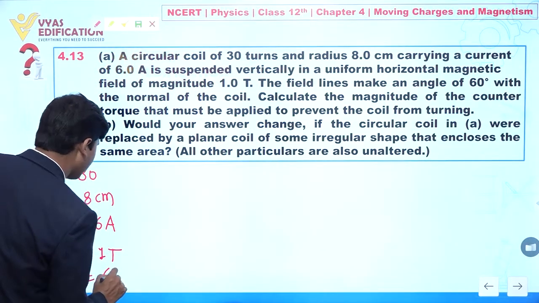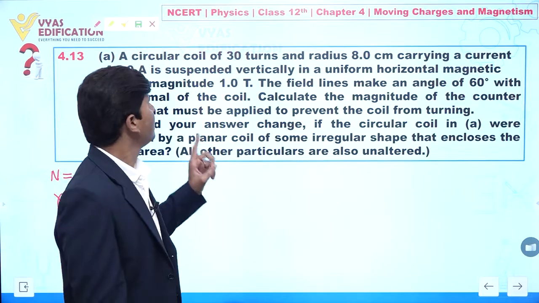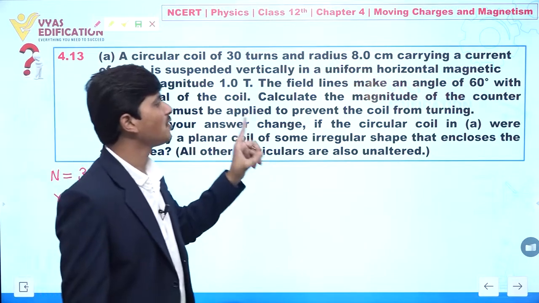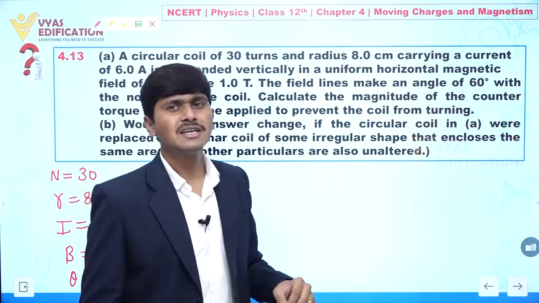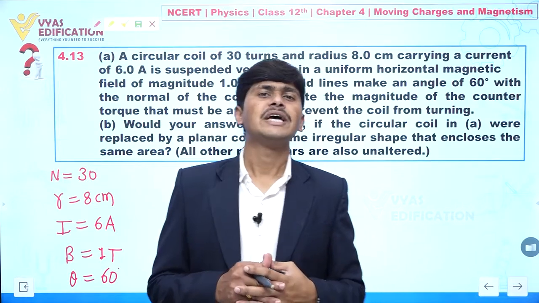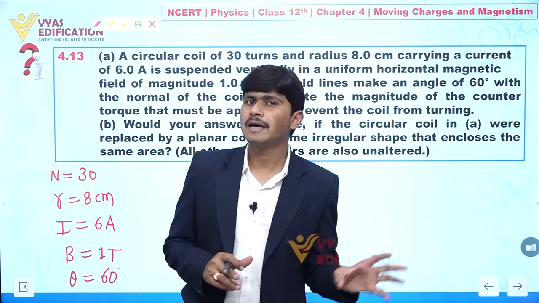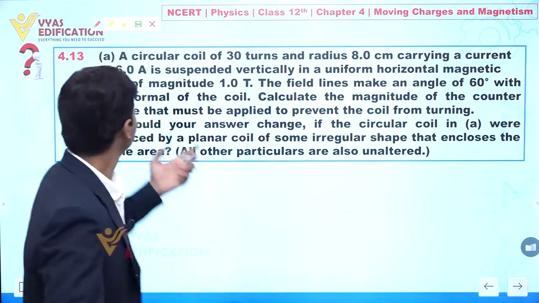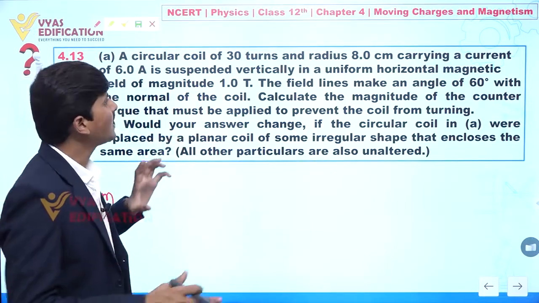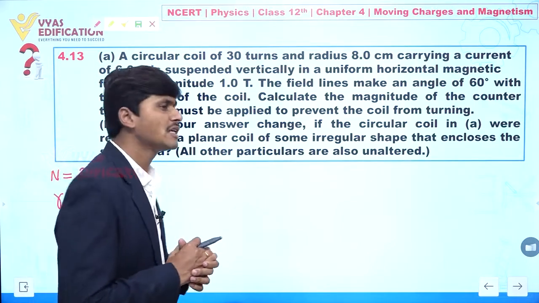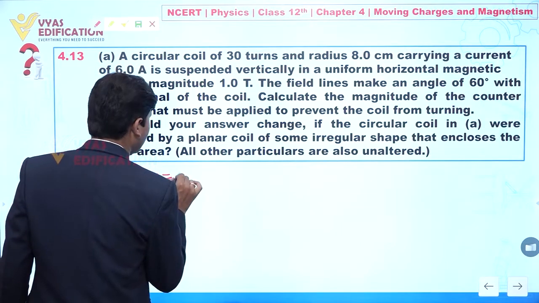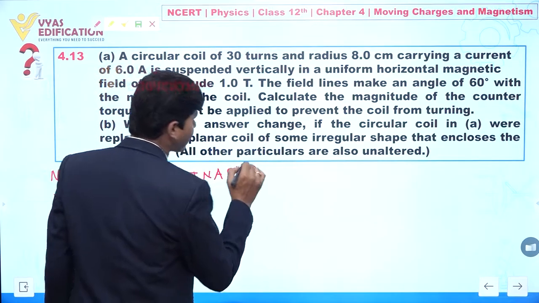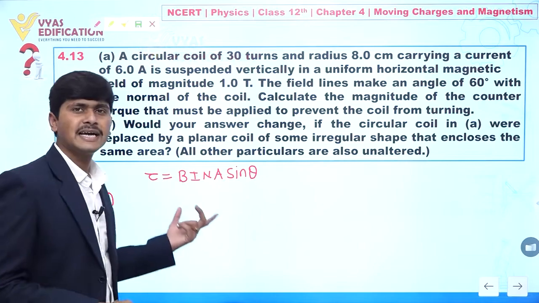Now in this question, it is asked to calculate the magnitude of the counter torque that must be applied to prevent the coil from turning. Whenever there is an angle between the area vector and the magnetic field, a torque will act on the circular coil. Torque is given by the formula NIAB sine theta.